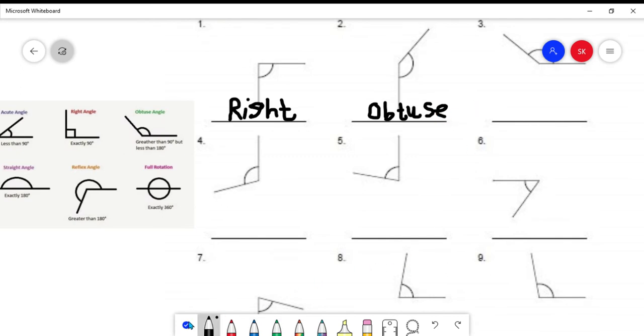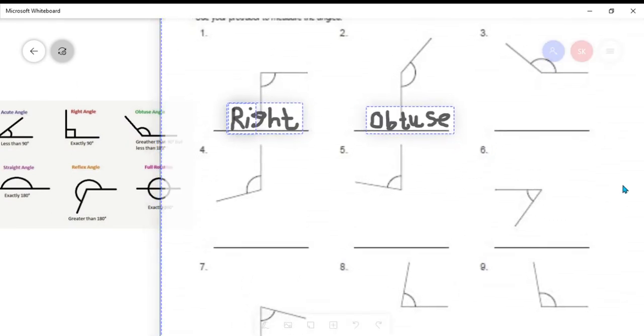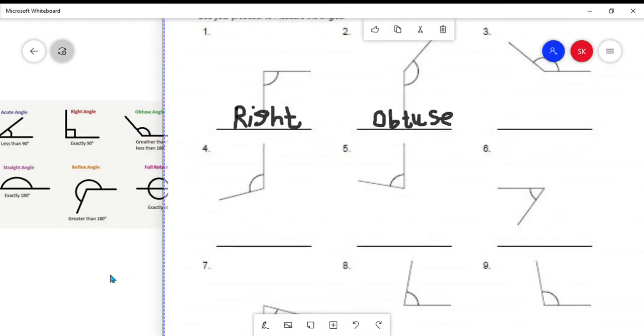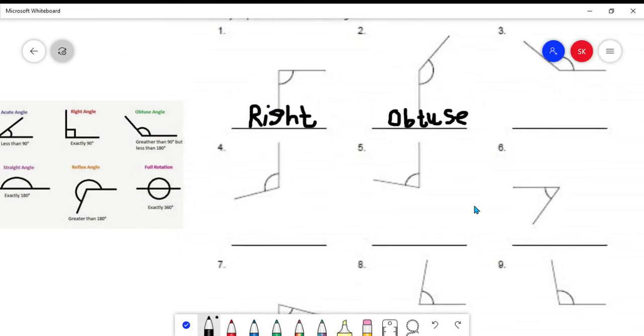The next one is an obtuse too. If you can just see, this is covering it a bit, but you can just about see it's an obtuse.